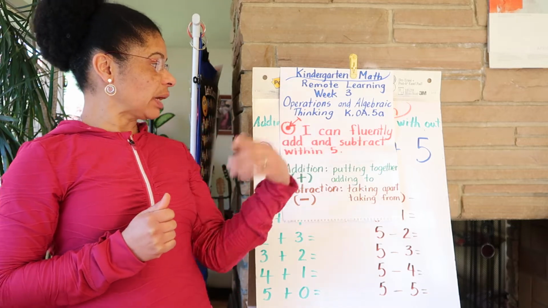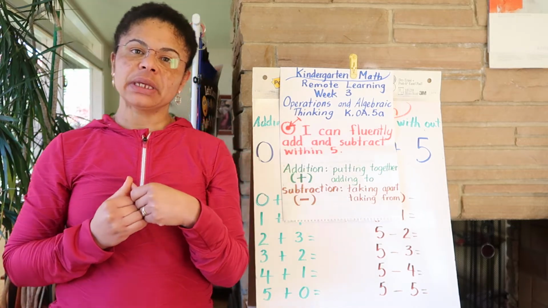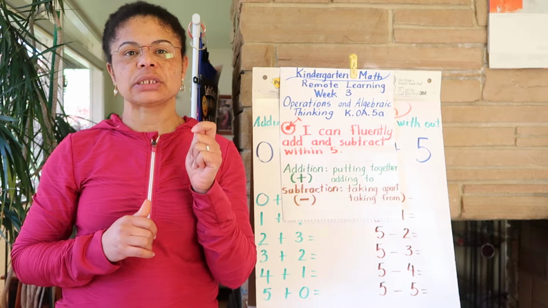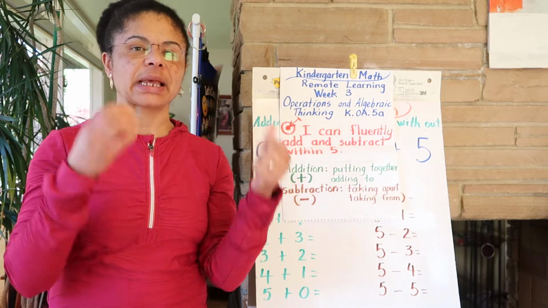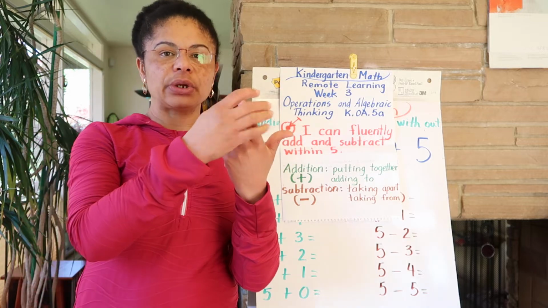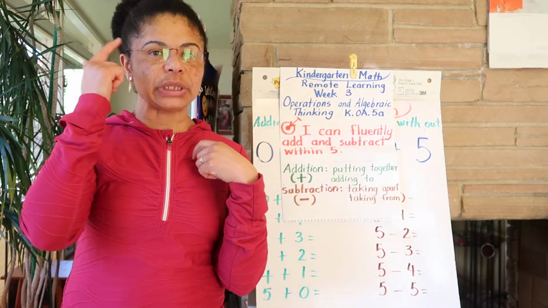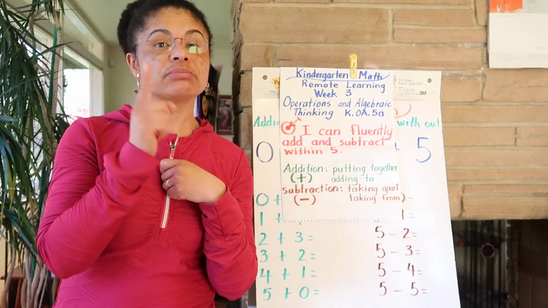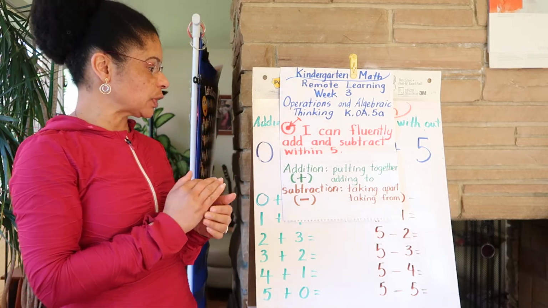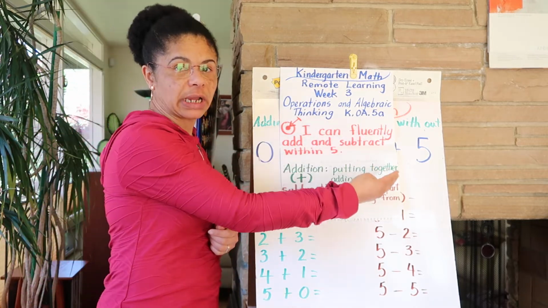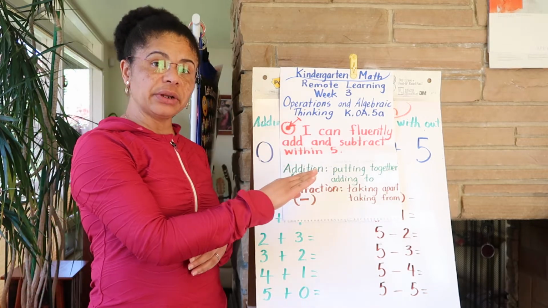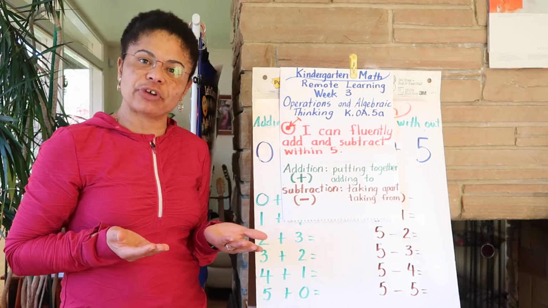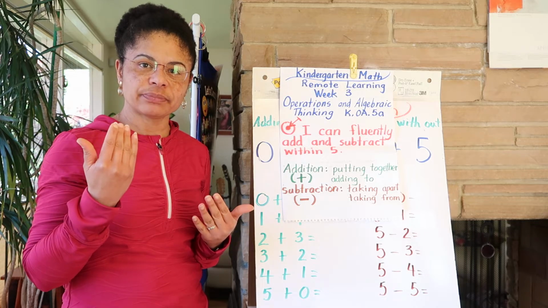So when we talk about fluency in math, it is to solve these addition and subtraction problems really quick, as fast as you can, without using your fingers or without thinking about it too much. So we are going to start with numbers from 0 through 5 and then start building. If you are already there, just use this as a refresher.